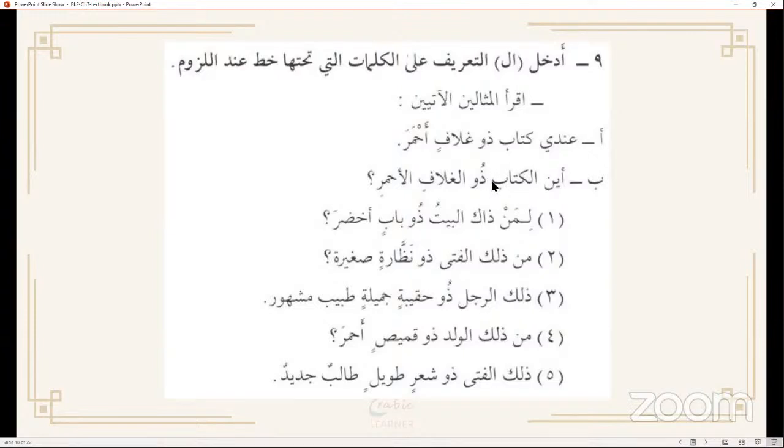Now zu is na't of kitab, so they match in all four qualities of ism. If this is ma'rifa, zu has to be ma'rifa, and zu is mudaf also. Now how do you know if mudaf is ma'rifa or nakira? What is the rule? Can you explain to me the rule of mudaf?